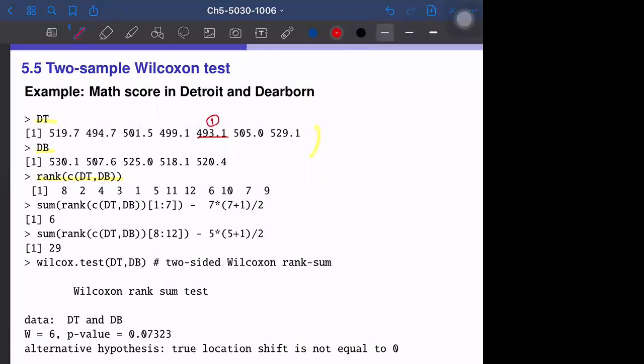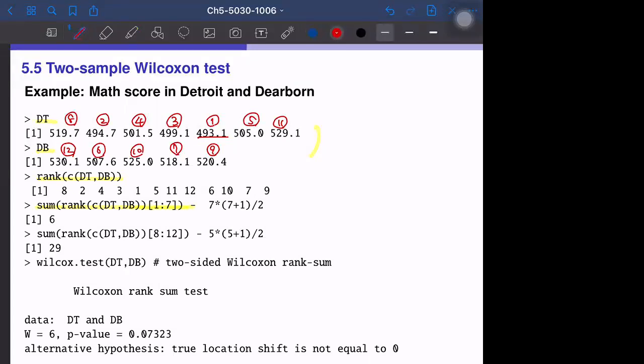So this is rank 1, and rank 2, rank 3, rank 4, rank 5, rank 6 is here, and rank 7, 8, 9, 10, 11, 12, right?